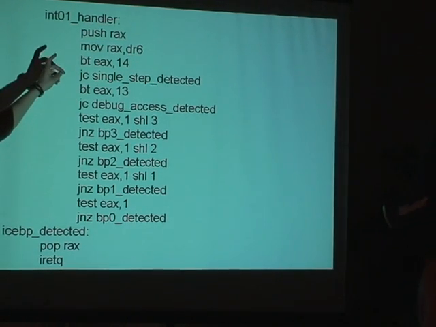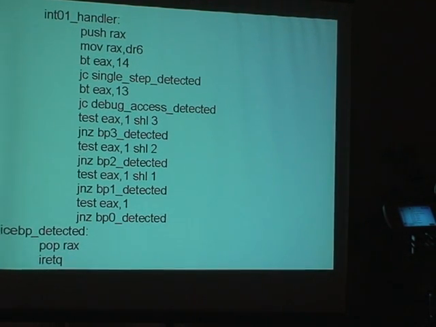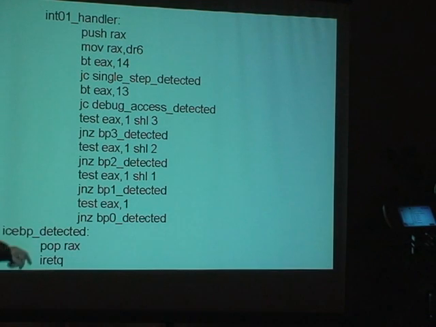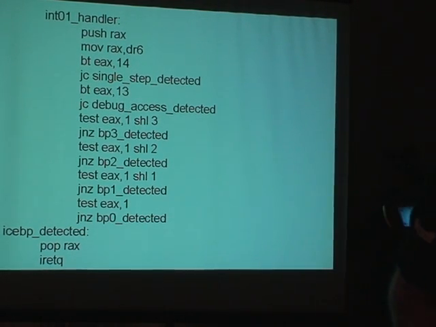And if none of these bits is set, then it was the instruction ICEBP which caused the interrupt 1. There are no other possibilities, but you see that interrupt 1 is really a big trash holding everything together.